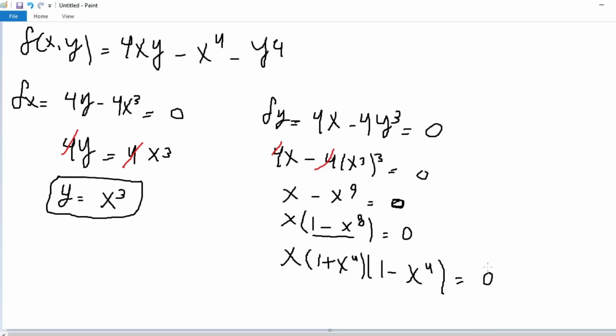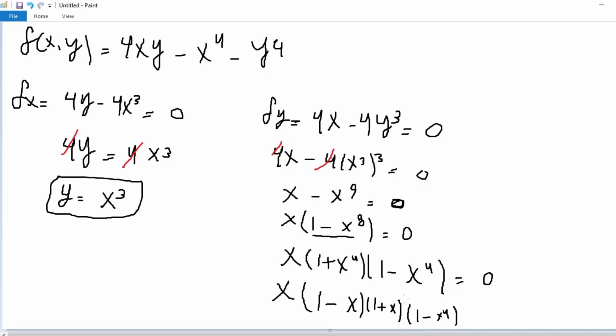Okay? So also from here I can make it more simple. How? I can write only one of those parentheses. I can write it as 1 minus x, and then 1 plus x, and then 1 minus x to the fourth. Okay?